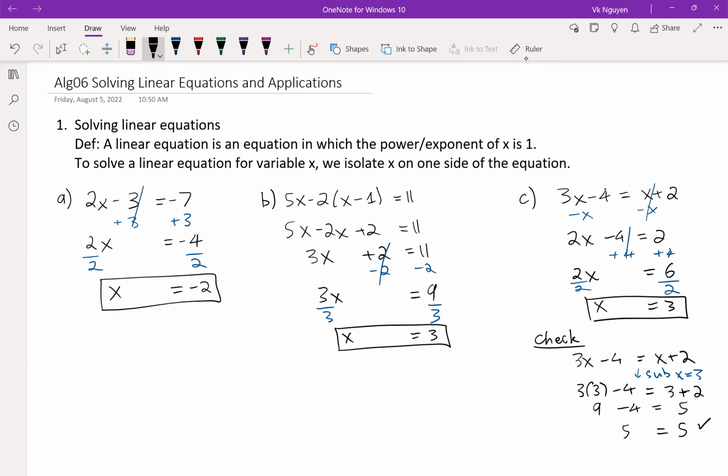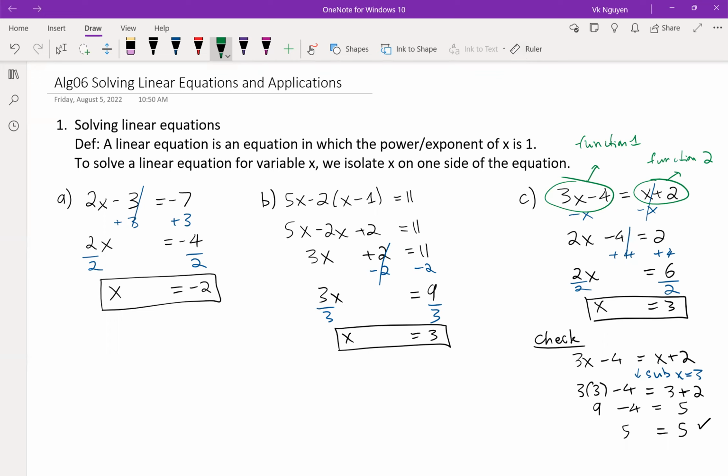Well, there are ways that we can use technology to check the answer. Notice that 3x minus 4 is a function, and we call it function 1. x plus 2 on the other side of the equation is function 2. When we set the two functions equal to each other, the intersection is the solution.